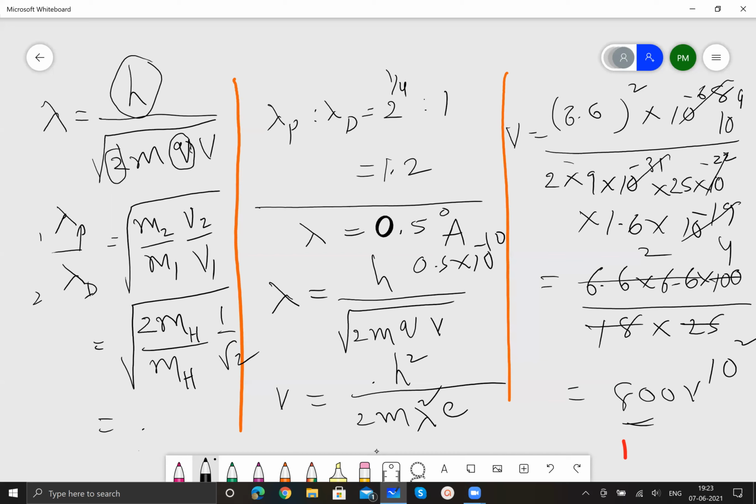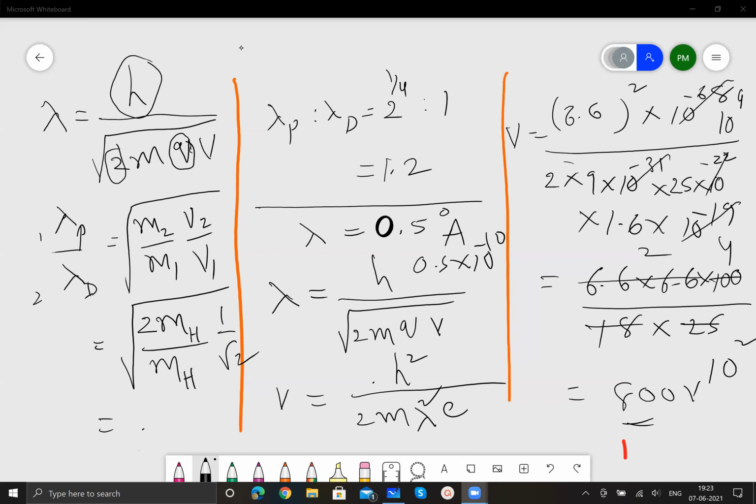I have given you a scope of 5 or 6 relationships in dual nature. Pick out questions based on all these standard relationships that you have practiced. Make a fast reference, don't get stuck there.